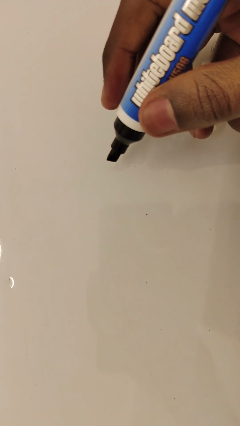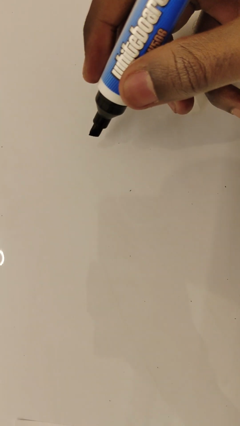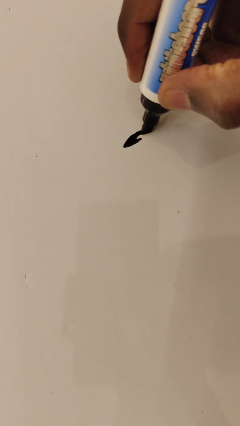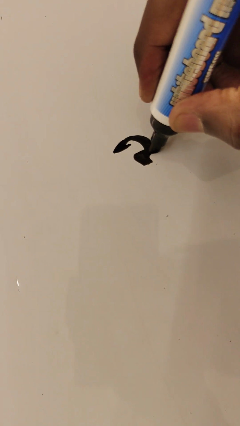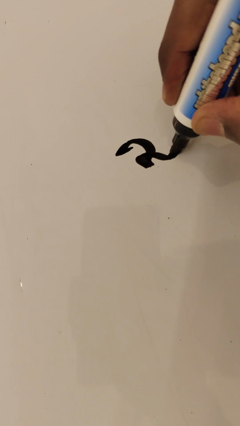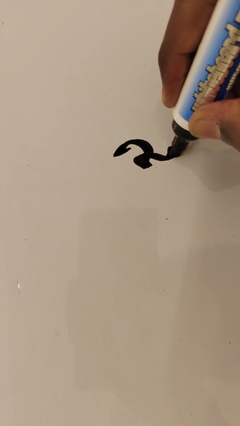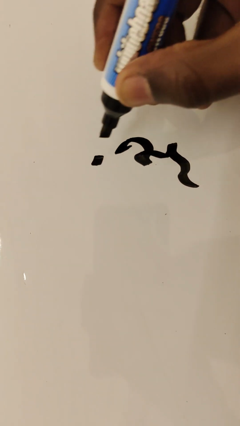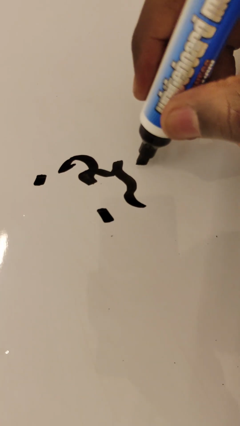Let's see another example, then we go to another letter. For instance, ni'ma, so let's see Ain in the middle. Ni'ma, this is Ain. When it comes here, this is Nun, then this is Ta, this is Mim in the middle.